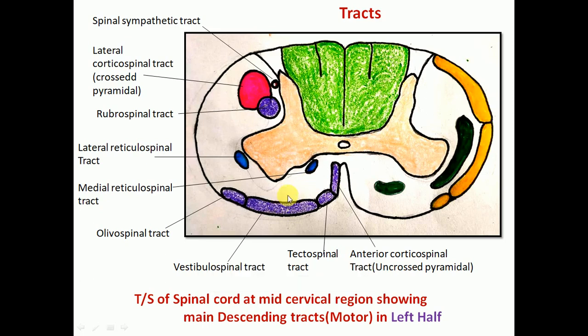The lateral corticospinal tract is present within the lateral white column, and according to the name, corticospinal means the origin is from the cerebral hemisphere and termination within the spinal cord. So what is a tract? Tracts mean a collection of nerve fibers which have the same origin, course and termination within the central nervous system.